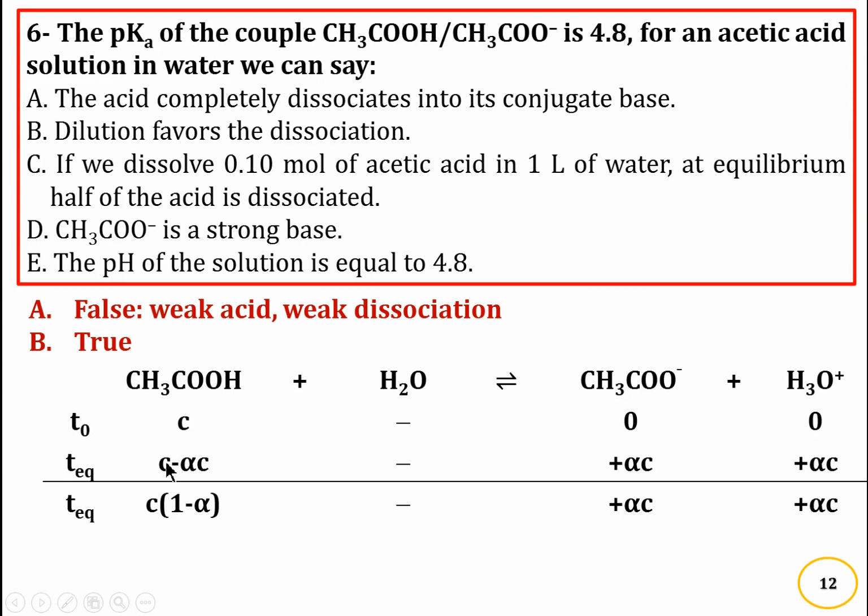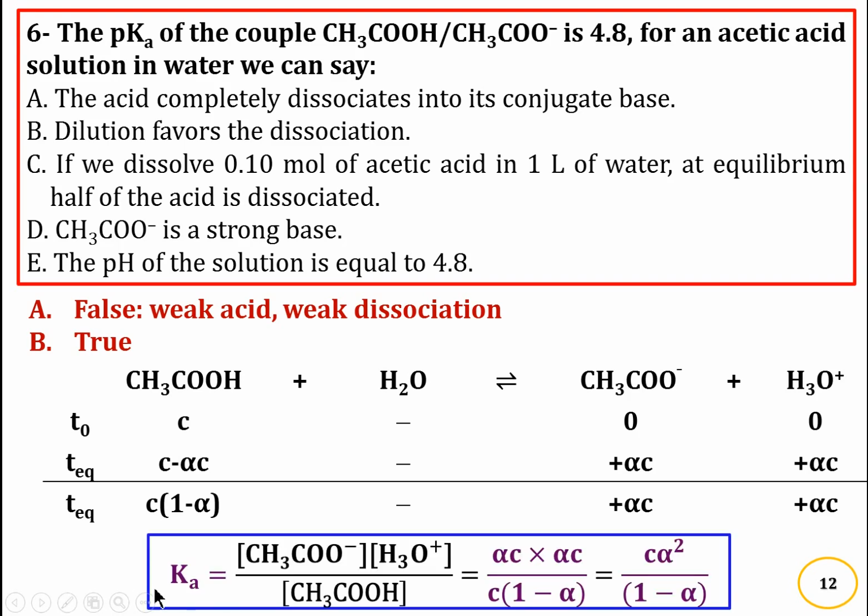So C minus x, x, and x for H3O+, and x equals alpha times C. So at equilibrium, we have concentration C(1 minus alpha) for acetic acid, alpha C for acetate, and alpha C for H3O+. Ka equals acetate at equilibrium times H3O+ at equilibrium divided by the acetic acid, so equals alpha C times alpha C divided by C(1 minus alpha), so equals C alpha squared divided by 1 minus alpha.